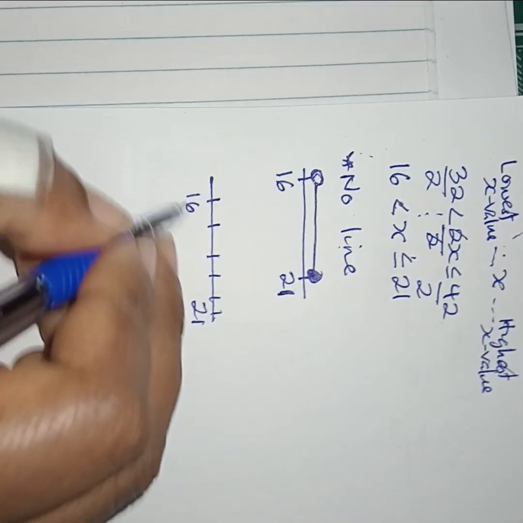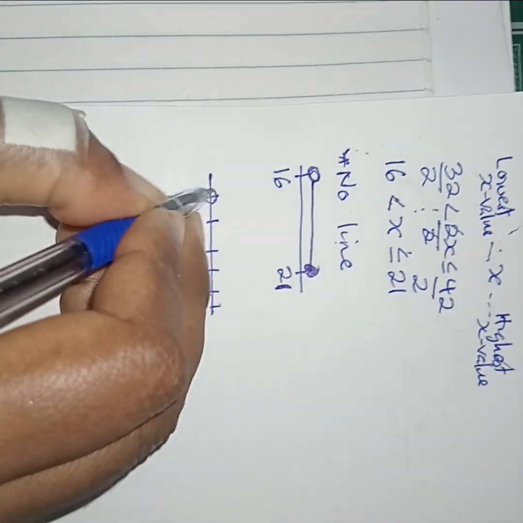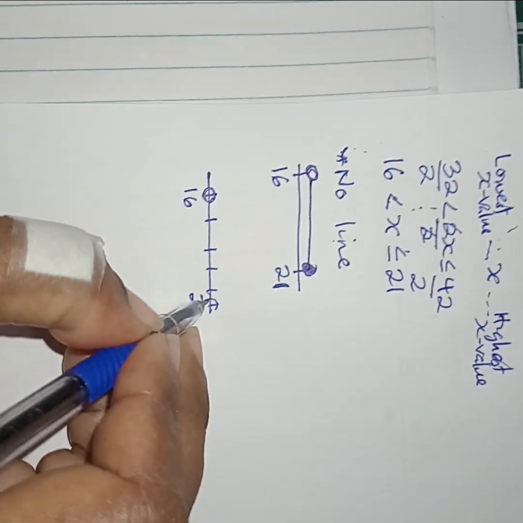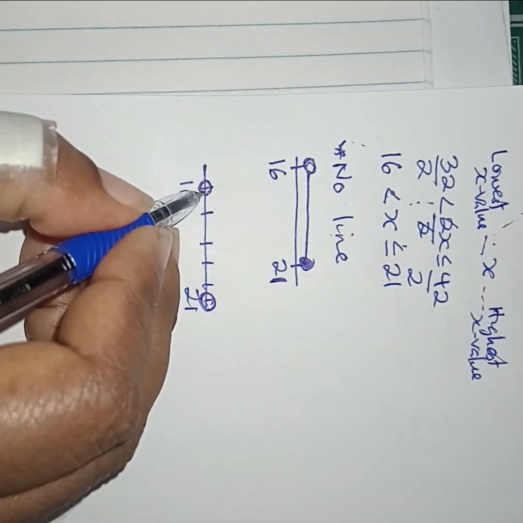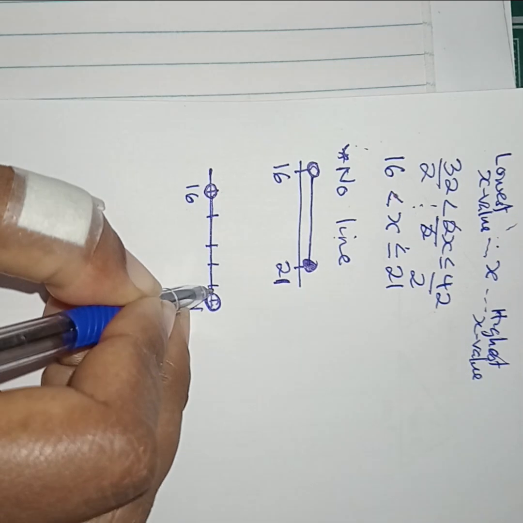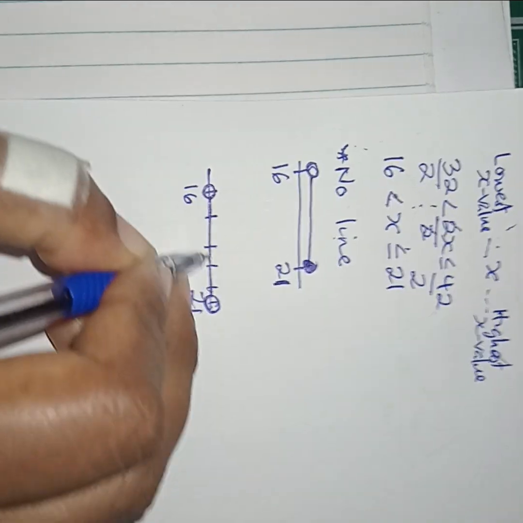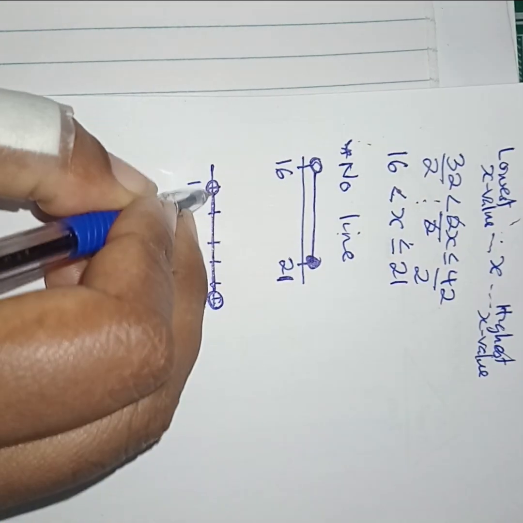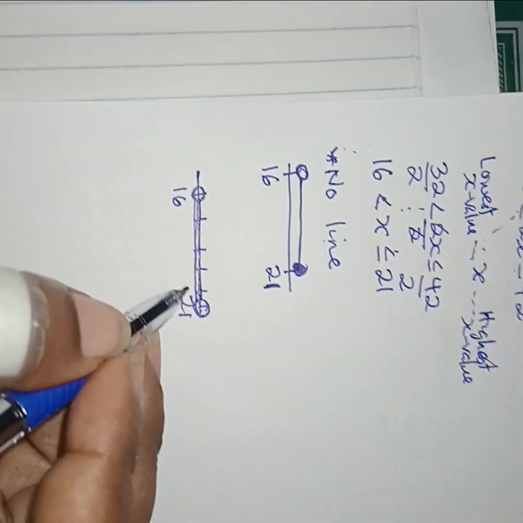The circles on the examples were drawn right on the line, and the arrows were on the number line itself. The arrows and the lines are on the number line themselves.